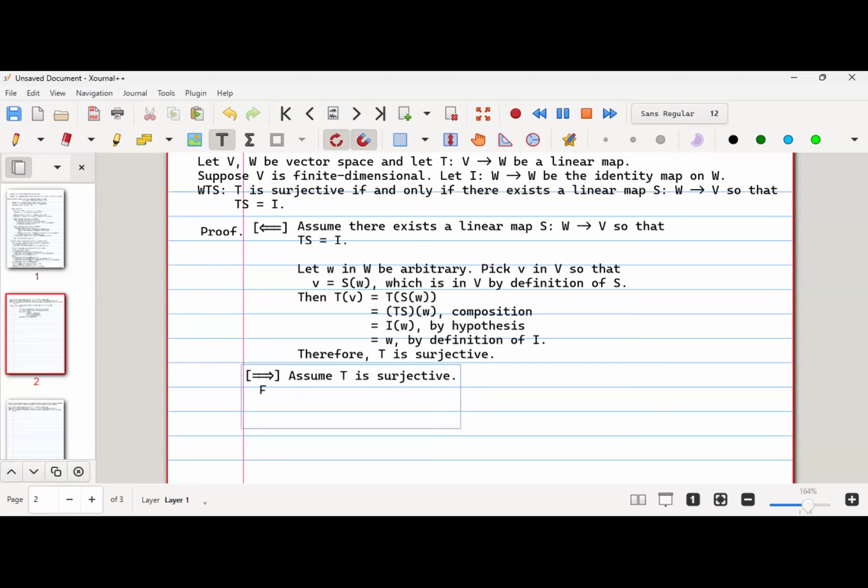So by definition of T being surjective, for any W, there exists a V that depends on W, from the vector space V, such that TV equals W.